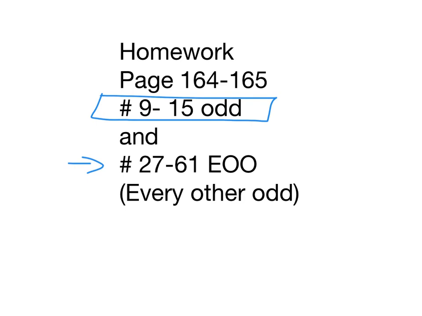But again, if you find that you're struggling and you need more practice problems, do all of the odds because you have the answers to all of the odds. And this would be a good way for you to study for the test. So this is homework due Monday. On Monday, we will review for your test, and your test is Tuesday.